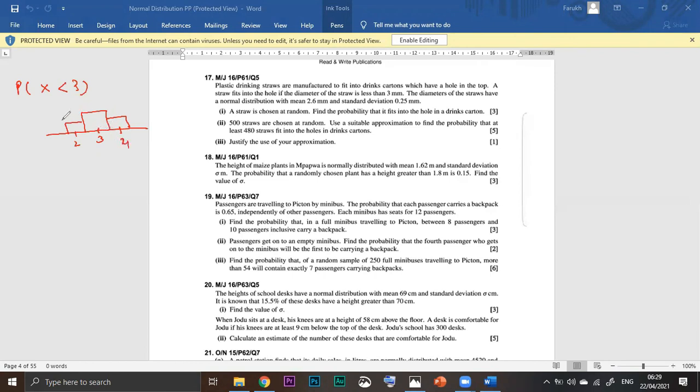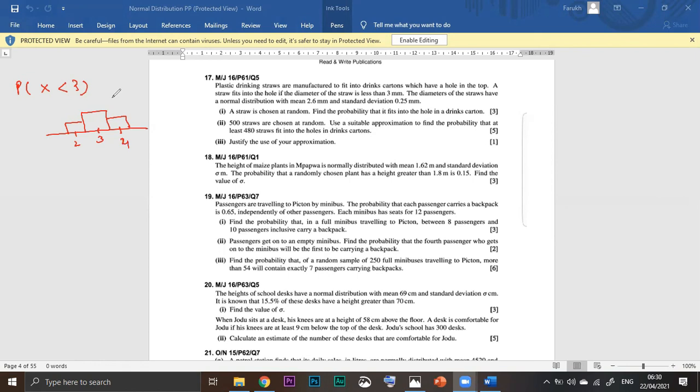Do we move towards the left of 3 or the right of 3?